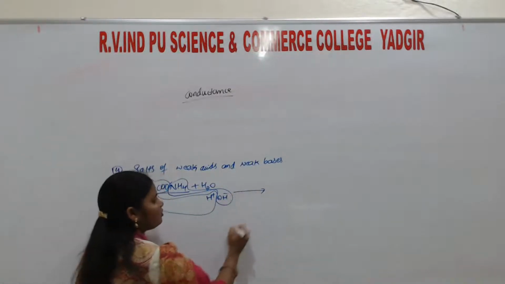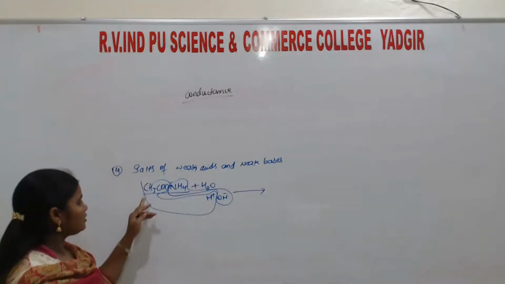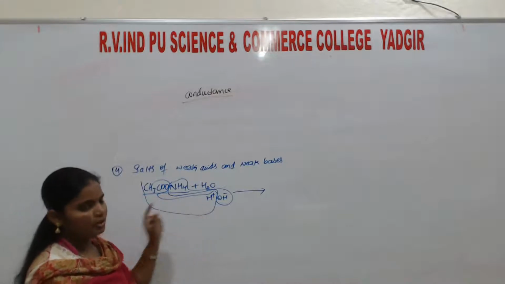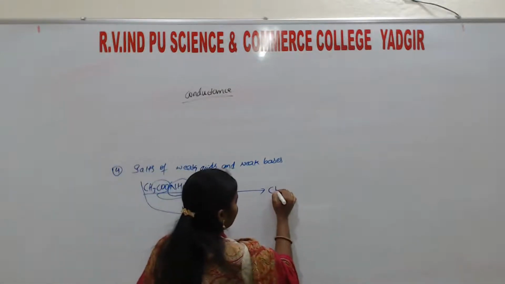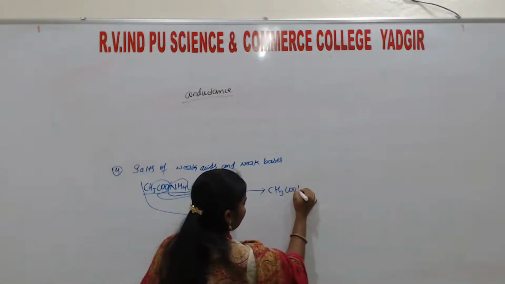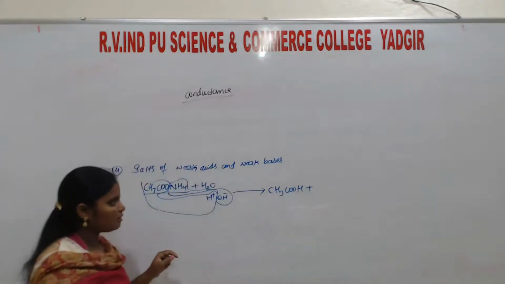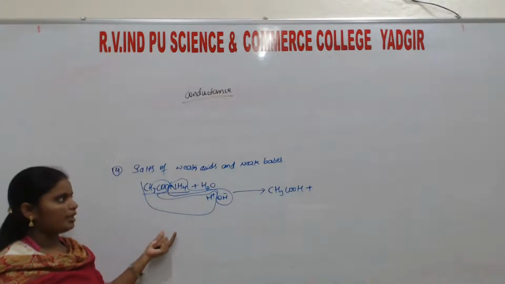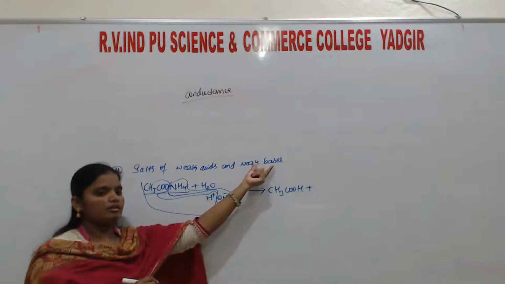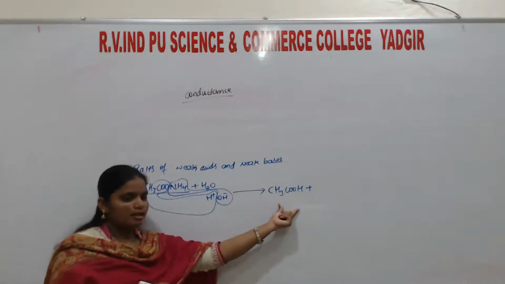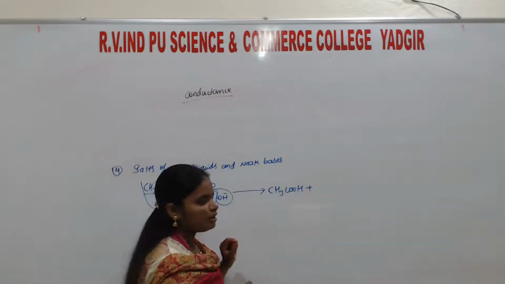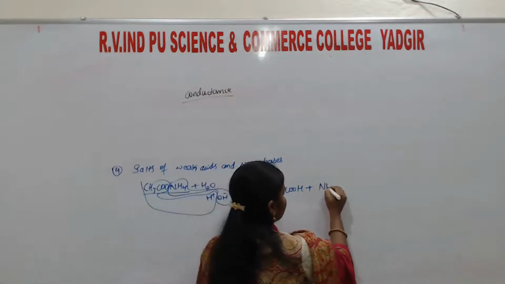Here the formation of weak acid, weak acid means CH3COOH, acetic acid, plus water. The formation is ammonium hydroxide, a weak base, plus acetic acid, a weak acid, and ammonium hydroxide, NH4OH, a weak base.